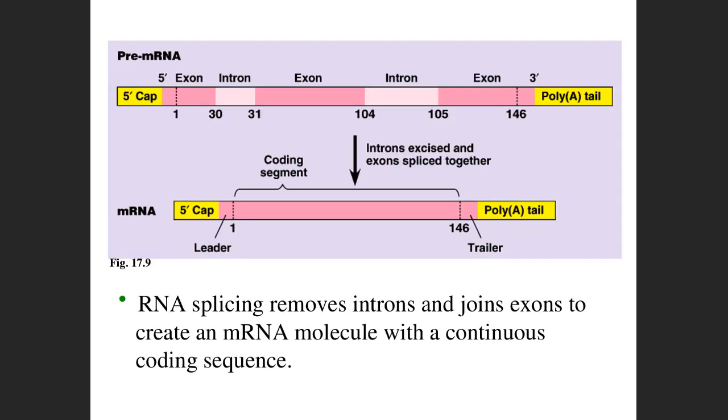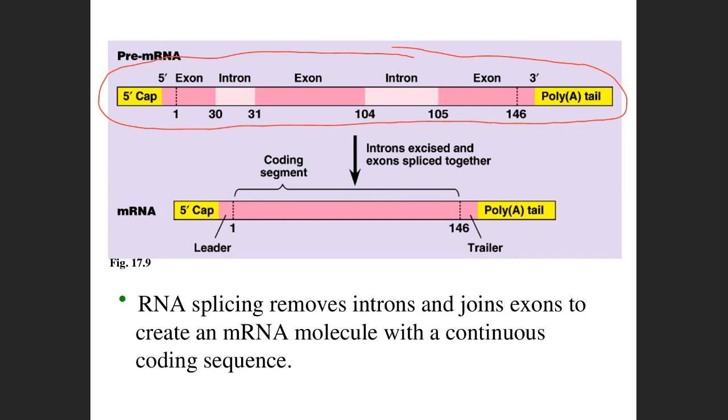So let's say this is the gene for human insulin, or it's the messenger RNA that's made from the gene for human insulin. It's got introns. So if you took the actual gene for human insulin, clone that into bacteria, they are going to produce this messenger RNA, which contains introns.